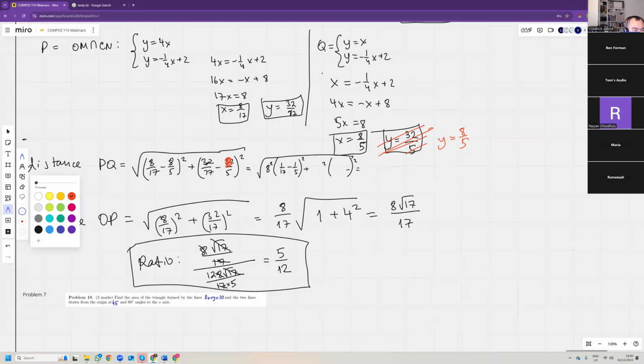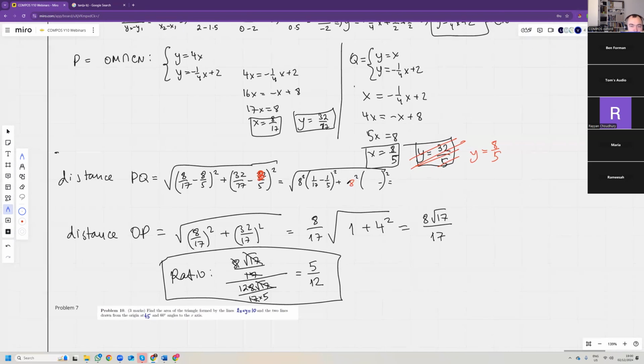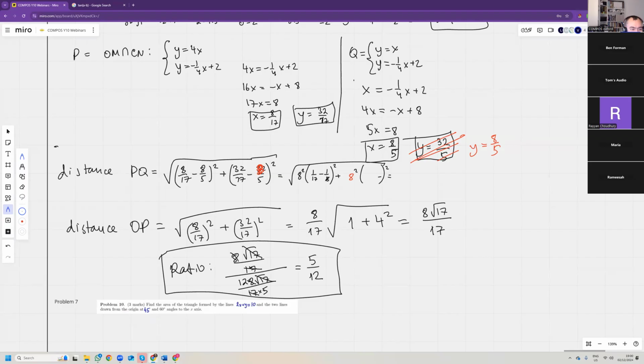Okay, so that is 8 squared, and that is 32. 8 over 5, 8 squared. That's 4 over 17 minus 1 over 5.